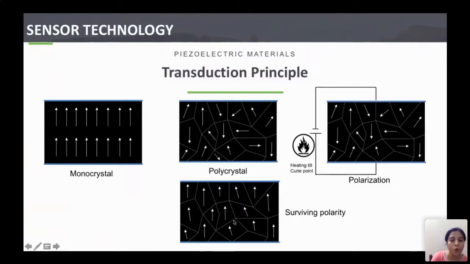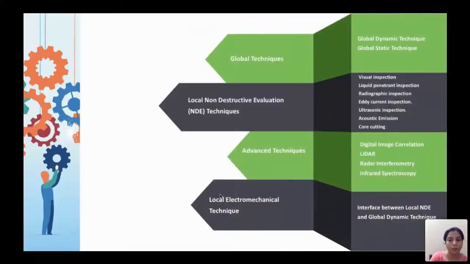So this is its polarization direction, right? So this is how piezoelectric material is made. Now, when you press or deform these materials, electrical charge will be generated, because these crystals will start getting displaced from their position. So that results in generation of charge.